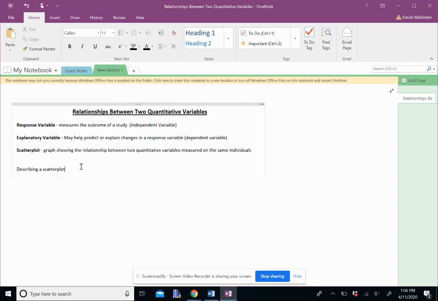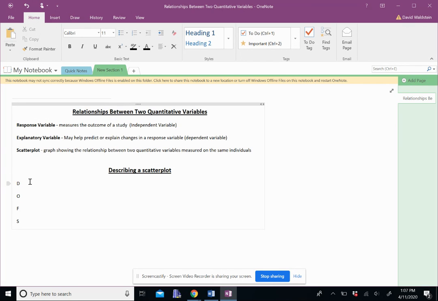And there are four things we're really going to focus on when we're describing a scatter plot. And we're going to use an acronym for that. That acronym is going to be DOFS.